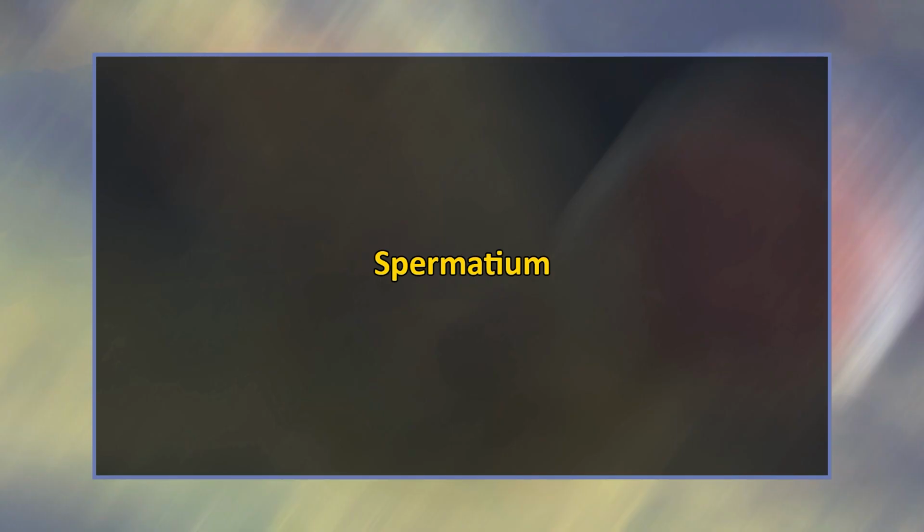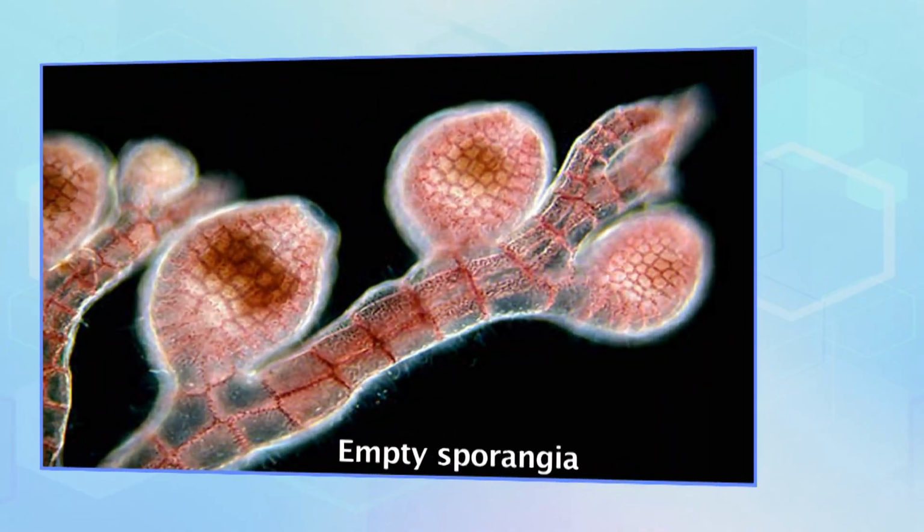Spermatium. The spermatia of the Rhodophyceae are spherical or oblong cells produced in spermatangia, a single spermatium being formed in a spermatangium and then released, leaving the empty spermatangium. The spermatangia are formed on spermatangial mother cells.